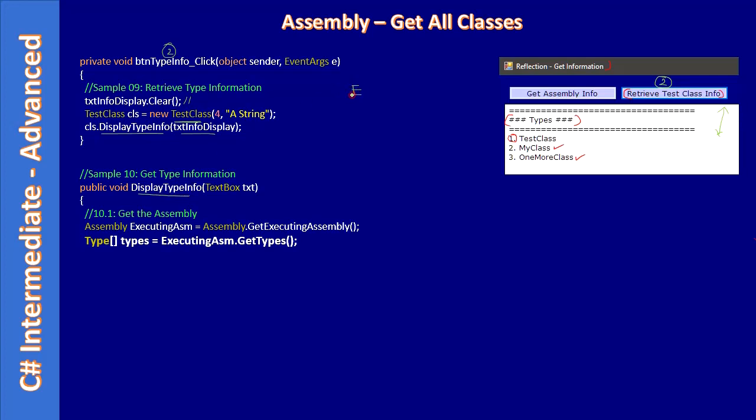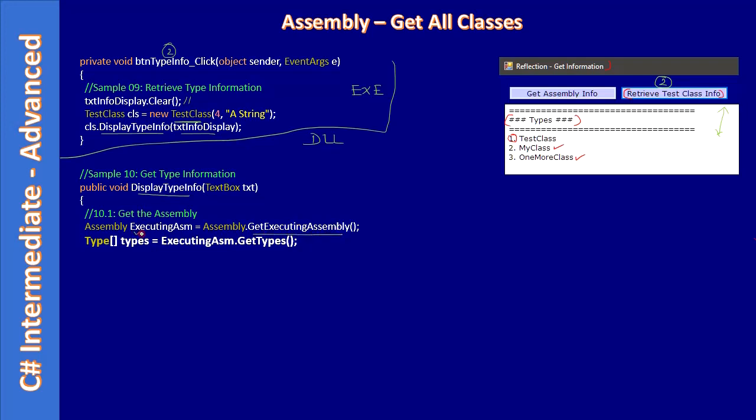So this code is part of the exe. Here, in the DLL, if you see Assembly.GetExecutingAssembly, we have the DLL assembly in hand.